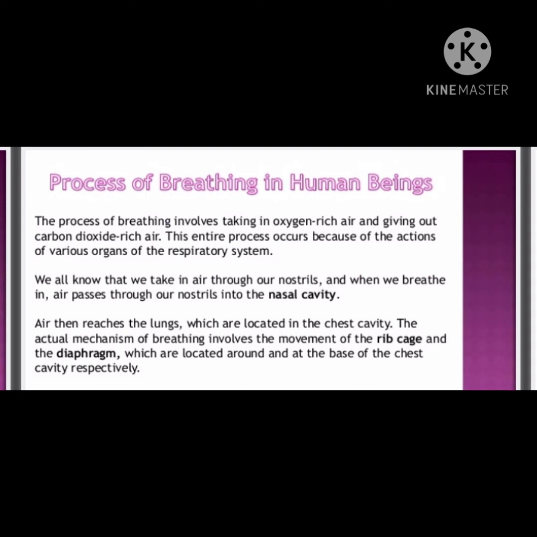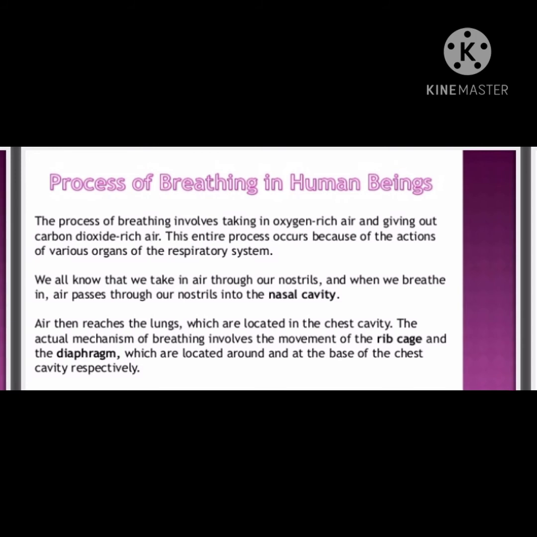The table that you have to fill shows the changes in breathing rate under different conditions: normal condition, after a brisk walk for 10 minutes, after running fast 100 meters, and at rest. So there are 1, 2, 3, 4, 5 rows, 5 persons you can select if possible. Otherwise write 1 or 2 persons, the name of your friend or neighbor or your family member, then write the breathing rate on different occasions.